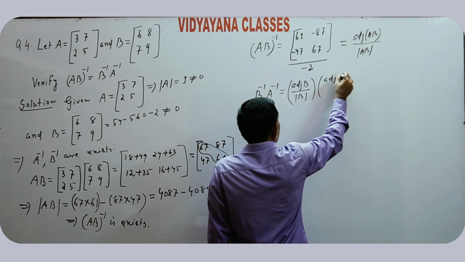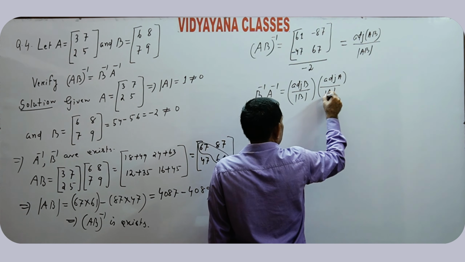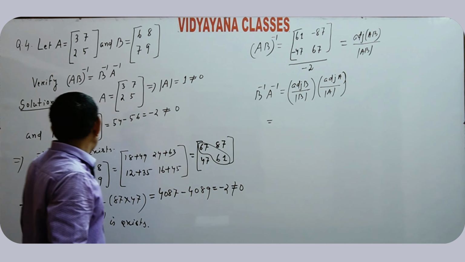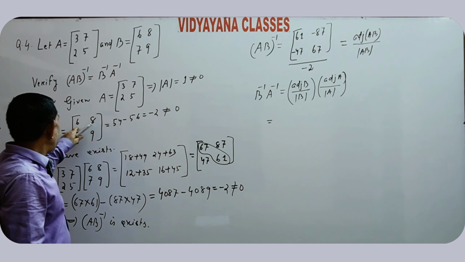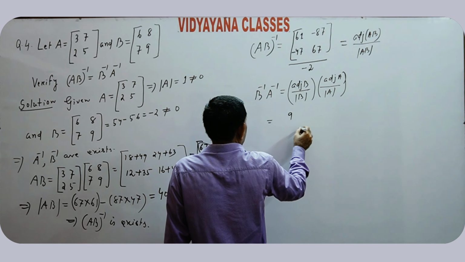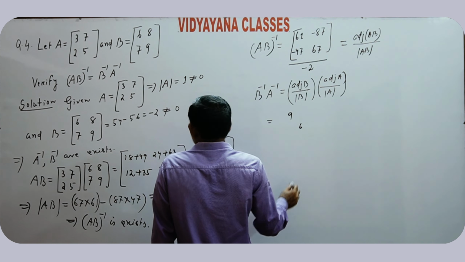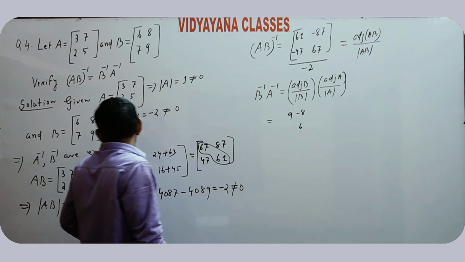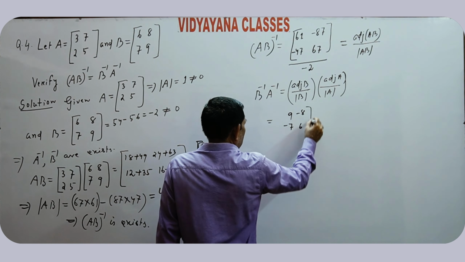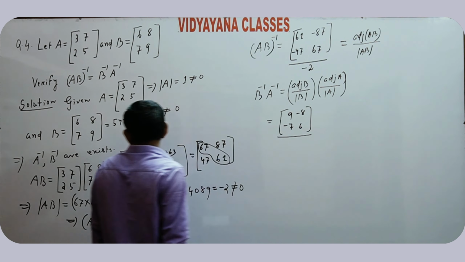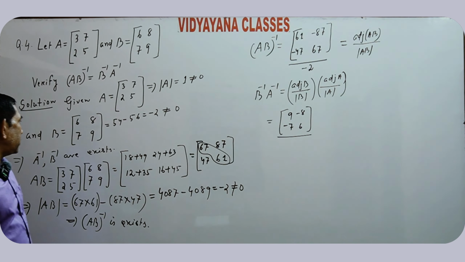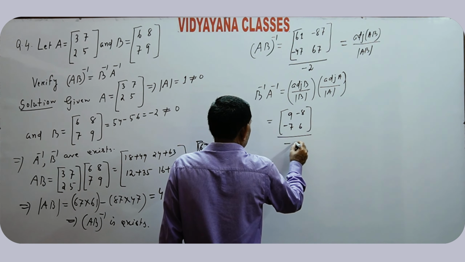adjoint of A divided by determinant of A. Which is the same as adjoint of B: interchange the places of 6 and 9, 9, 6. Change the sign of 8 and 7: minus 8, minus 7. Divided by determinant of B, 54 minus 56, minus 2.